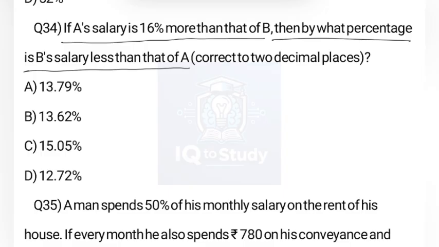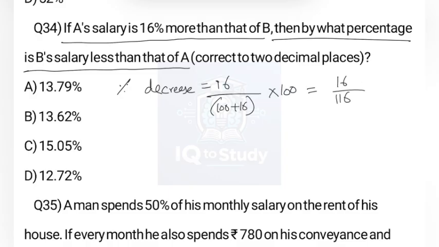Here, percentage decrease is equal to 16 divided by 100 plus 16 into 100, that is equal to 16 by 116 into 100. That is equal to 13.79%.